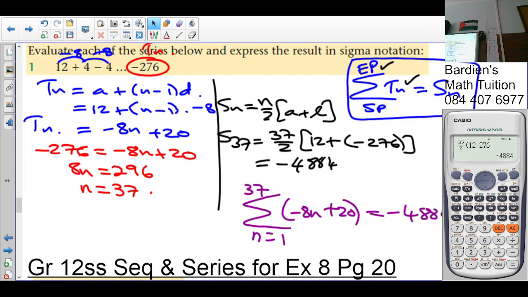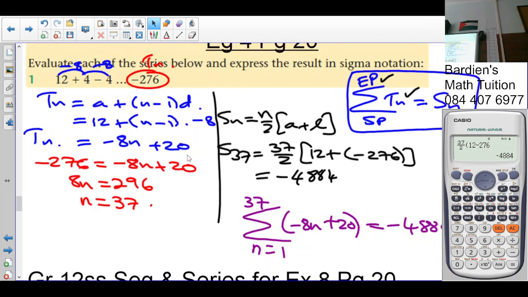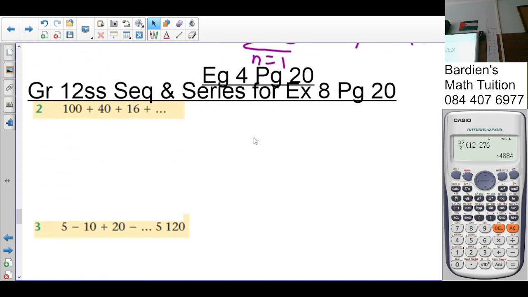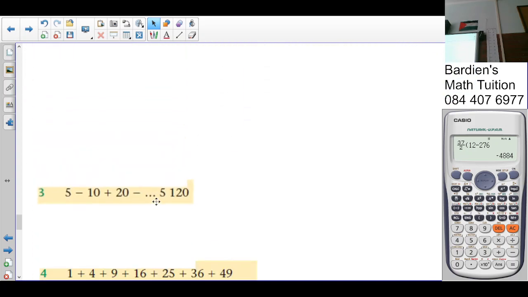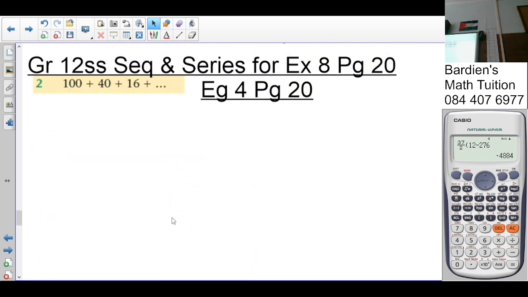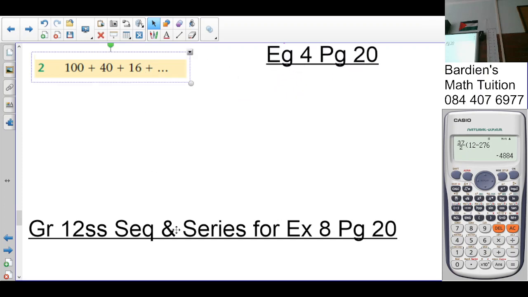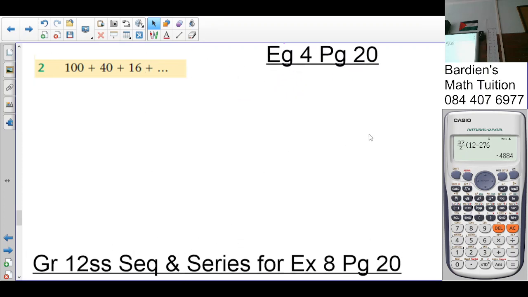Let's look at the next example. This is still from example 4, but it's number 2. So here we got 100, we got 40, we got 16.